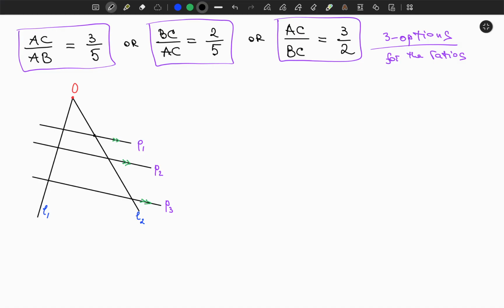We can say this is A, let it be B, let it be C. Along the other line, let it be D, let it be E, let it be F.